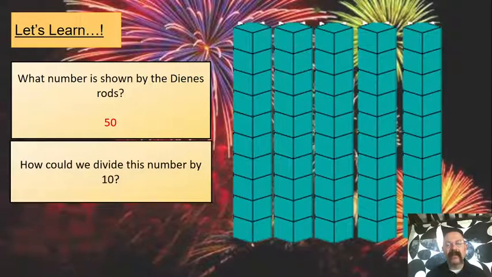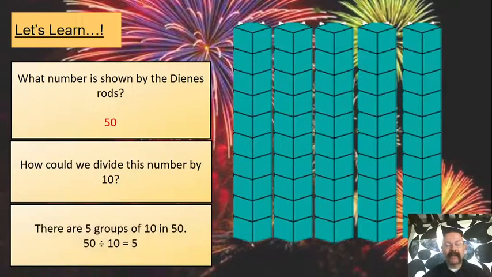So how could we divide this number by 10? If we divided the number by 10, there are 5 groups of 10 in 50. So 50 divided by 10 would be 5.